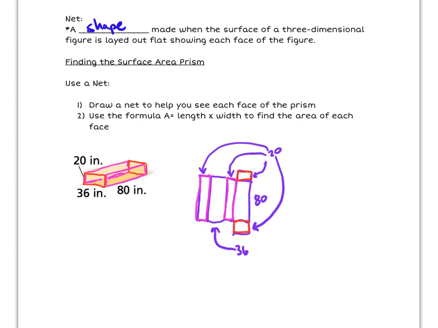We'll do those in a green. And that's our bottom and our top. So these shapes here, that's where all our shapes come from, and that's where we get our measurements from. So now you just have to figure out the area of each one of those shapes.